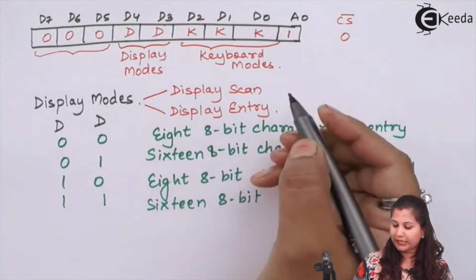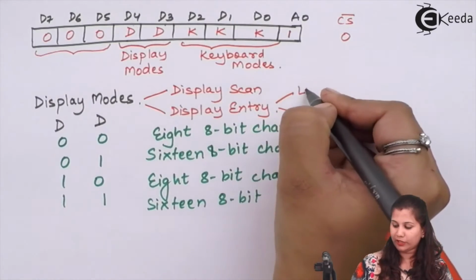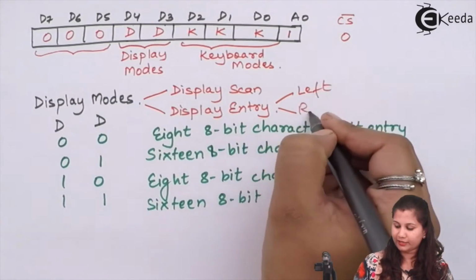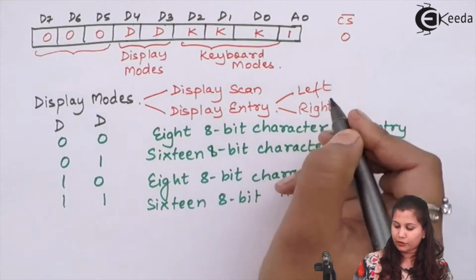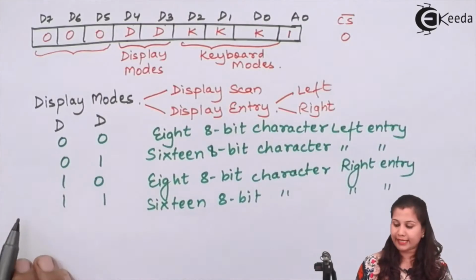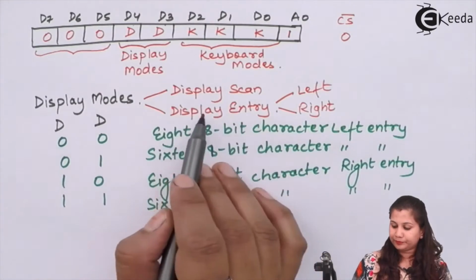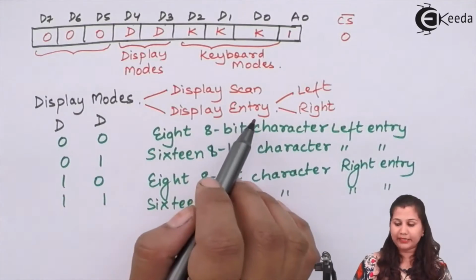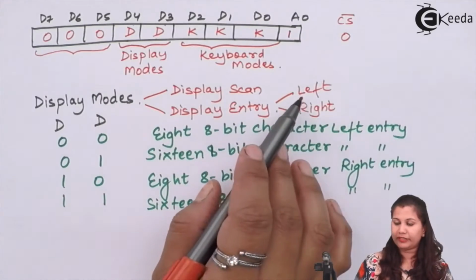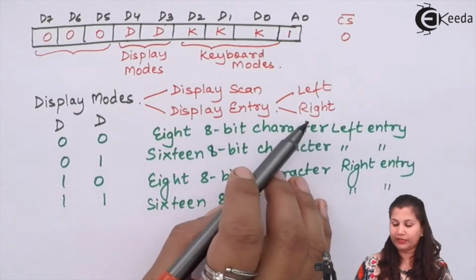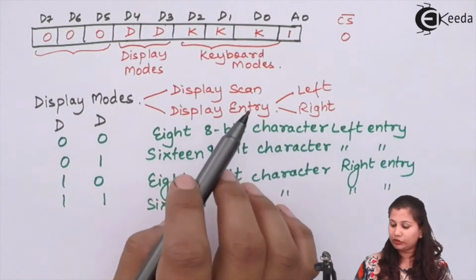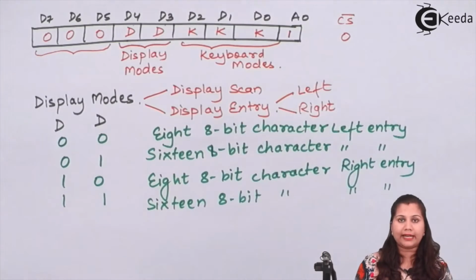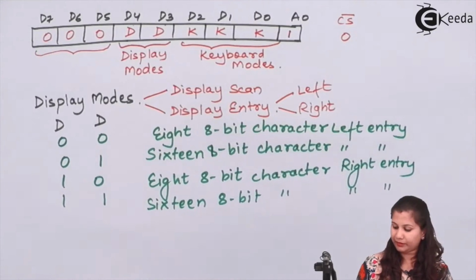In the display entry mode, we have 2 types: one is the left entry and one is the right entry. So the display modes decide whether the display data will have a left entry or a right entry. Now the data can be 8 16-bit characters or 16 8-bit characters.